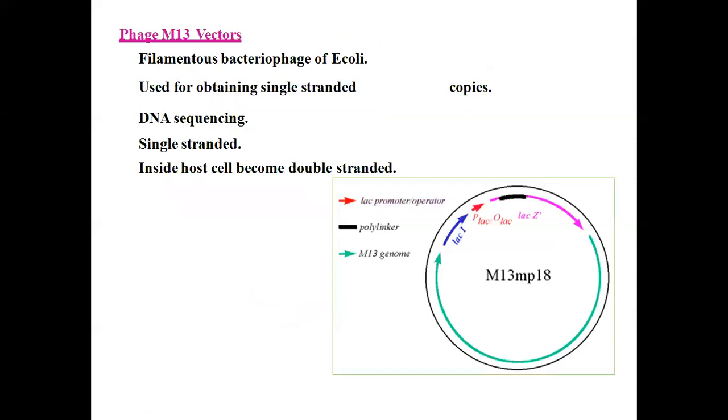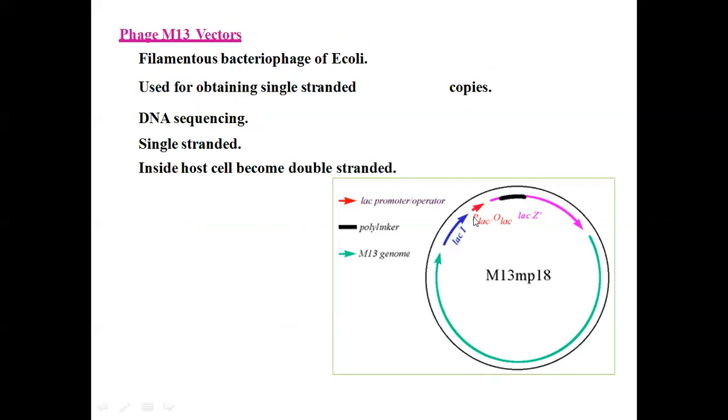So here you can see the M13 vector. The M13 vector has the lac operon promoter, the lactose synthesis gene. Then the polylinker; polylinker means here you can insert multiple copies of genes, and it is the M13 genome. The total genome is about 5,000 base pair.